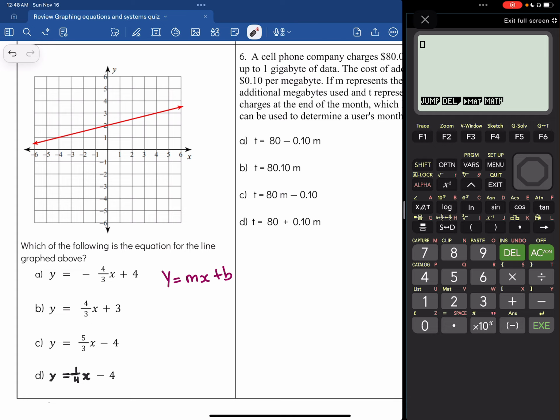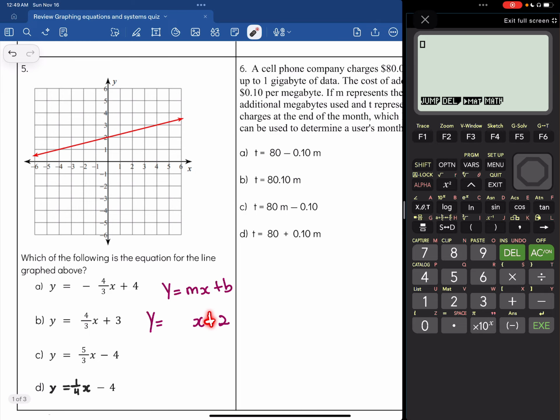So my y-intercept here is just 2. Now that I know that it's 2, I can substitute that into the slope-intercept form equation. So I'm going to have y equals some slope x plus 2. Notice that my y-intercept here is positive 2. That's why I have an addition sign in my equation.